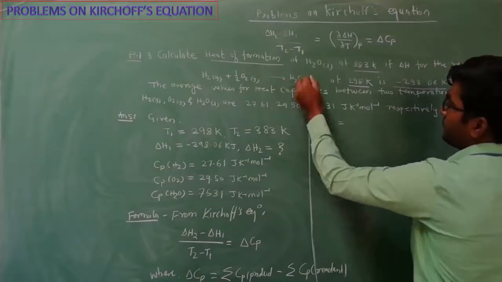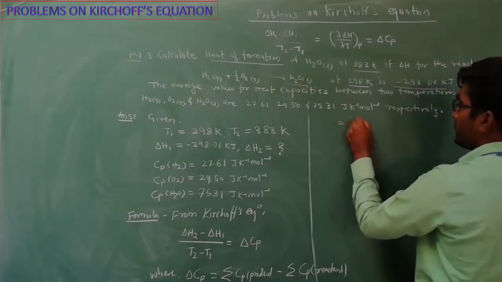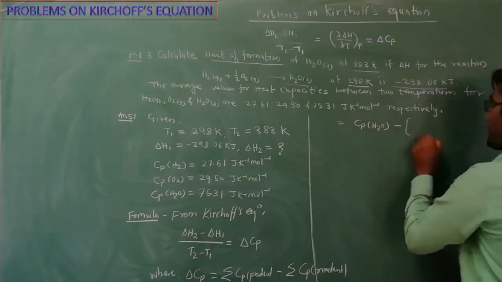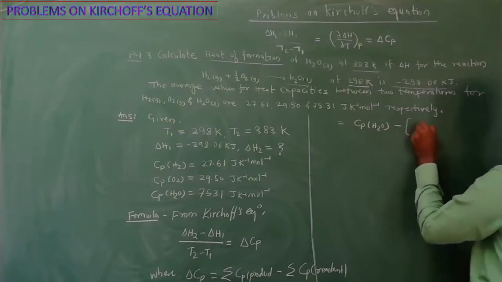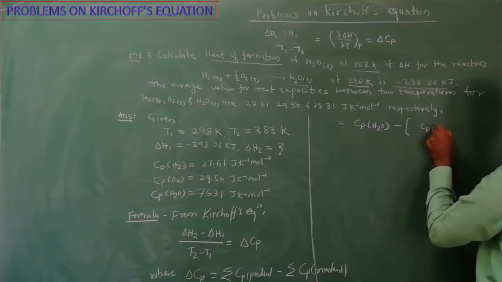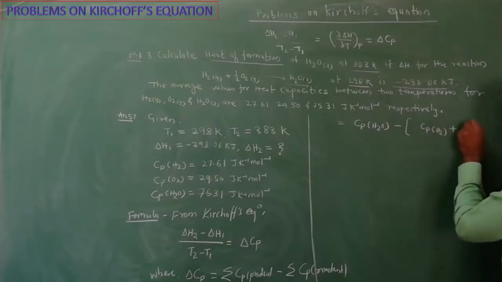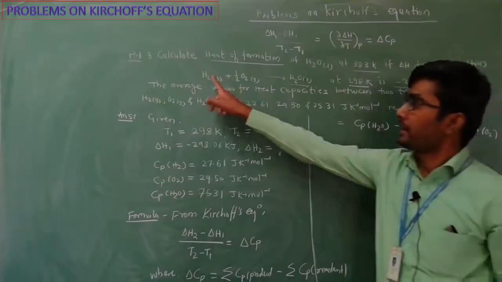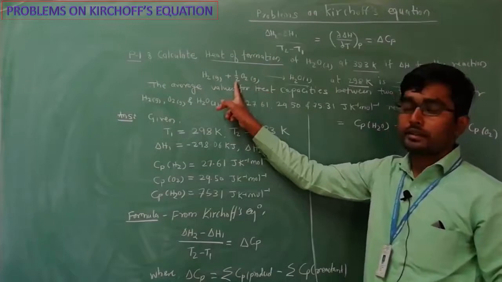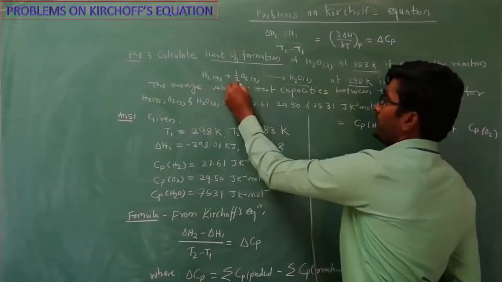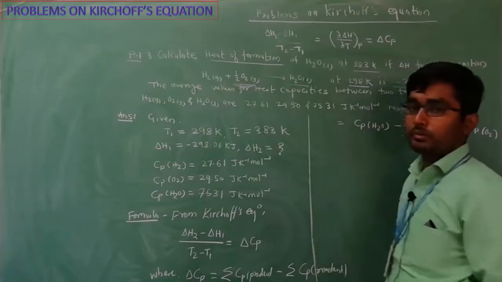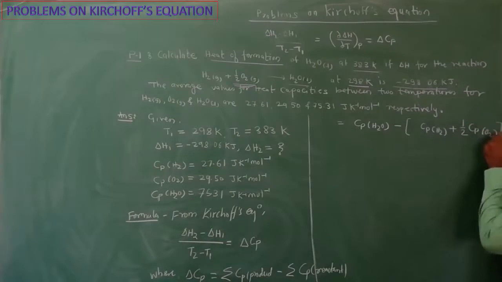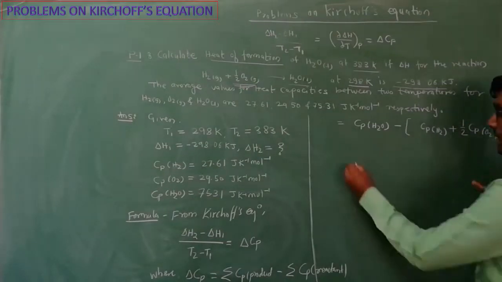In this case we have one product, so it is equal to Cp of water minus, in square brackets, the heat capacity of the reactants: Cp of hydrogen gas plus Cp of oxygen gas. Now look here, here is 1 mole and here is half a mole. Many students make mistakes while solving this problem. So here the quantity is half, so we will take it as a half. Clear? Now, let us put in the values.